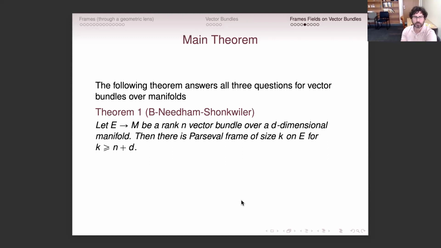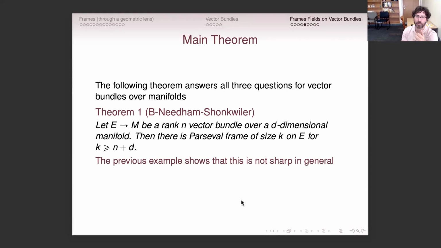A couple of things to mention: the previous example shows that this result is not sharp. If you think about the tangent bundle of the two-sphere, then D is 2 and N is 2. So this theorem would guarantee a parsable frame of size 4 and bigger on that vector bundle. But as we saw, we could actually find one of size 3.